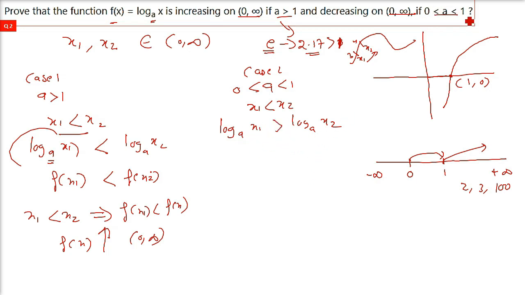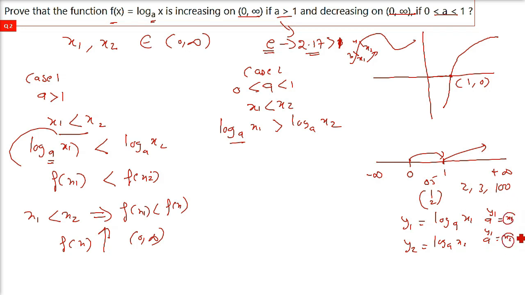When you take a between 0 and 1, it will be greater. Just assume I take a random value, half. Call log base a of x1 as y1, which means a raised to y1 is equal to x1. Call log base a of x2 as y2, which means a raised to y2 is equal to x2.